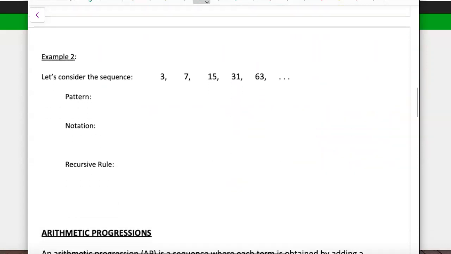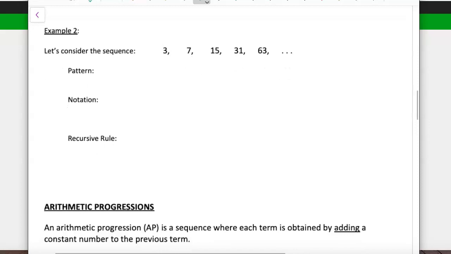Let's have a look at our second example. Let's consider the sequence of 3, 7, 15, 31 and 63. This one's a little bit different. By examining this pattern, we're not just adding on consistently, because we've got add 4, add 8, add 16. So that tells me something else is happening.